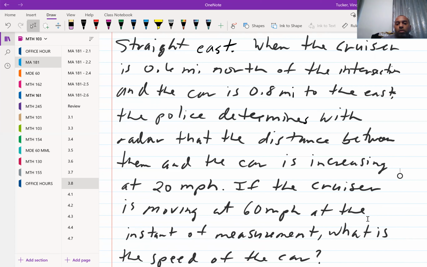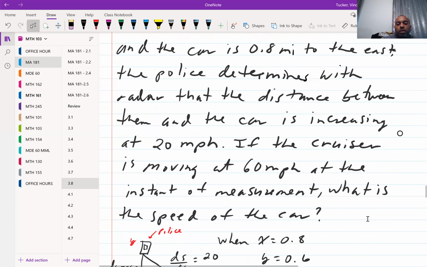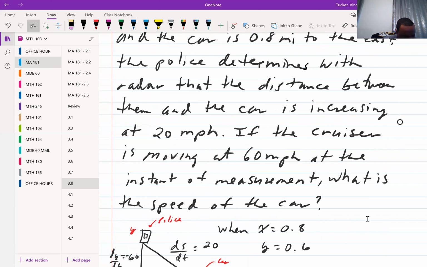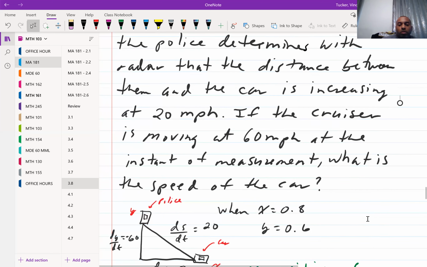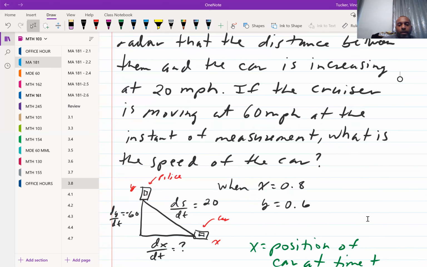Let's go look. It's my little diagram. It's supposed to be cars. So see the top one is the police. Bottom one is the cruiser. Well, no, the police is the cruiser. But whoever the police is chasing.